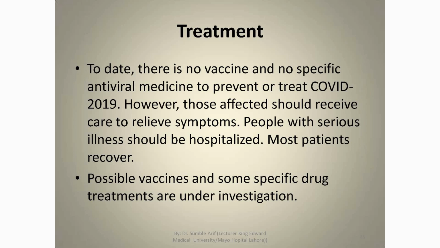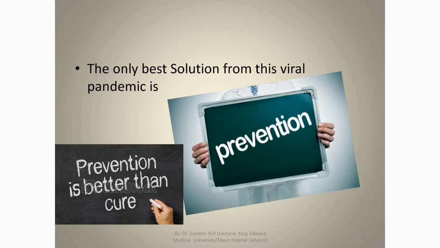Possible vaccines and some specific drug treatments are under investigation. The World Health Organization is trying its best to discover a vaccine for this virus. The only best solution to this viral pandemic is prevention. Prevention is better than cure.